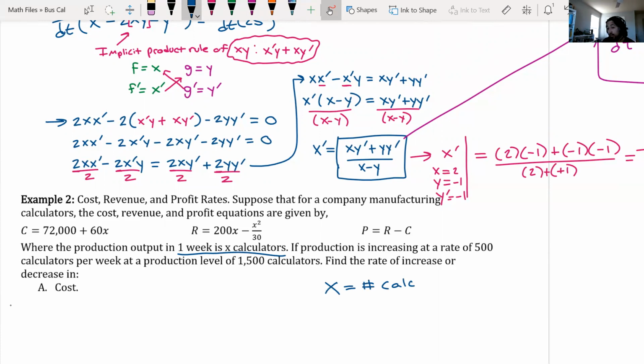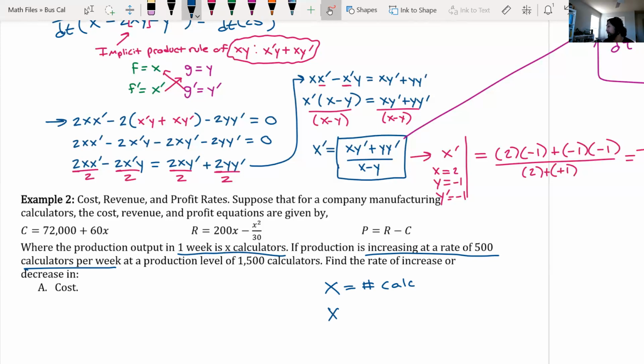Okay, and then the next line says if production is increasing at a rate of 500 calculators per week, what notation would you put for rate? If x is the number of calculators, and the number of calculators are increasing at a rate, well, what special word covers rate? Time.